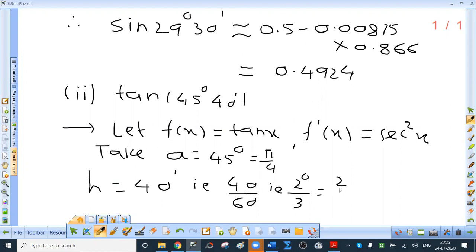So 2 upon 3 into 0.0175. Tell me what is h finally? I think it is 0.01167 radian. Remember.